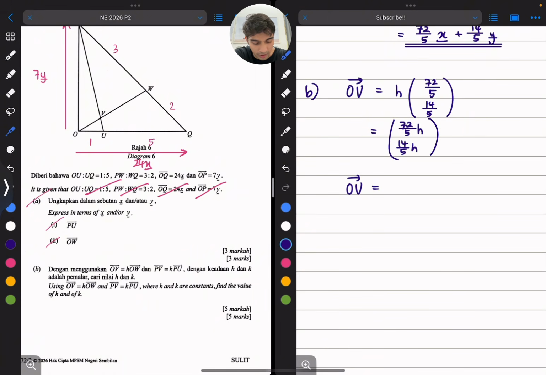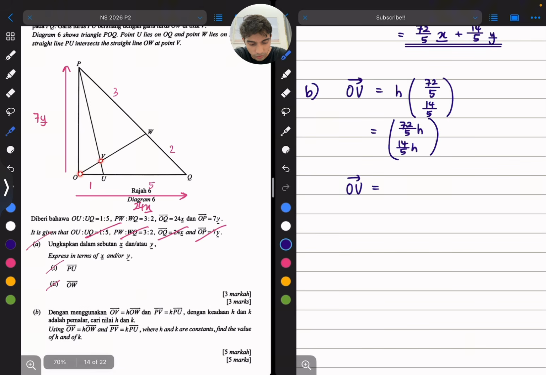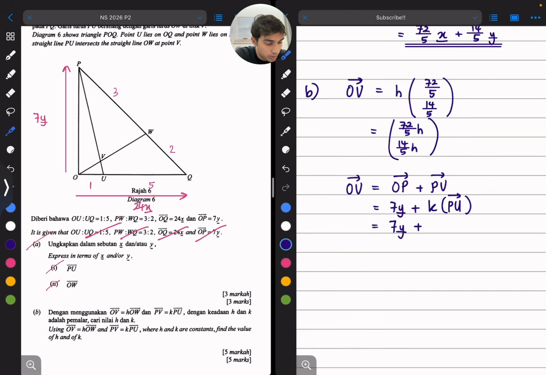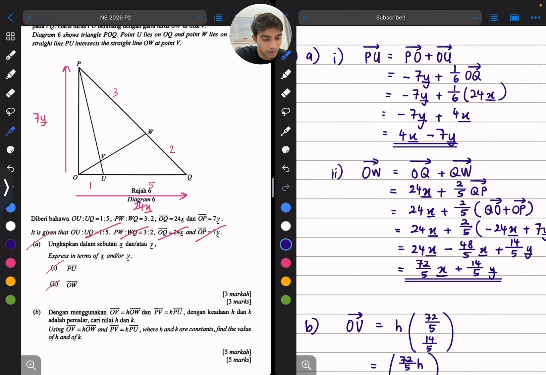Now we find OV in terms of k. So to find OV in terms of k, we have to use one of these vectors, either PV or PU. So let's see, you want to go from O to V, we can do OP plus PV. OP is 7y, PV is given as k of PU. PU I think just now we already found. PU is this, 4x minus 7y.